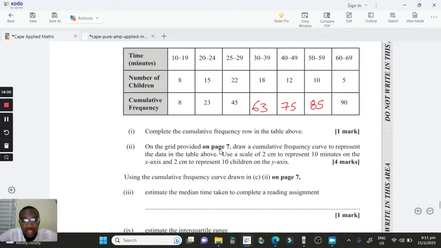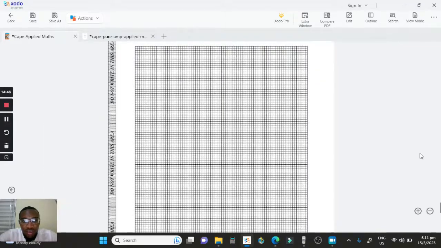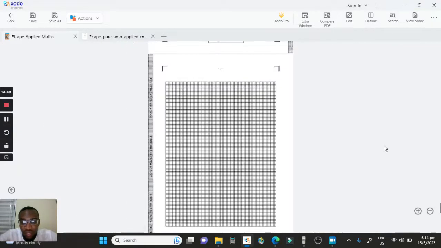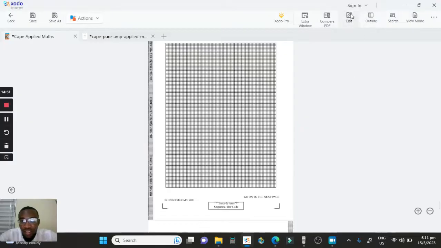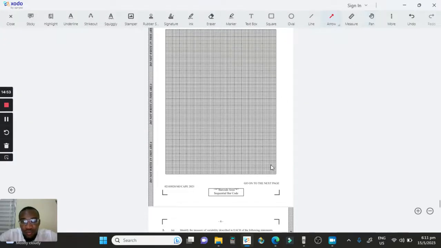Now it says on the grid below, draw a cumulative frequency curve to represent the data and use a scale of 2 centimeters to represent 10 minutes on the x-axis and 2 centimeters to represent 10 on the y-axis. So now they give us this graph. I'm just zooming out to put on the arrows. This is my x-axis, my y-axis.